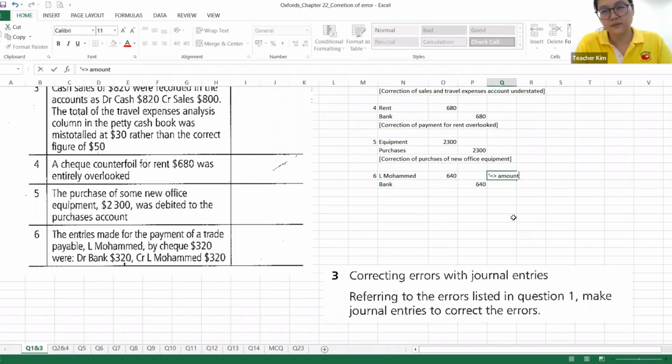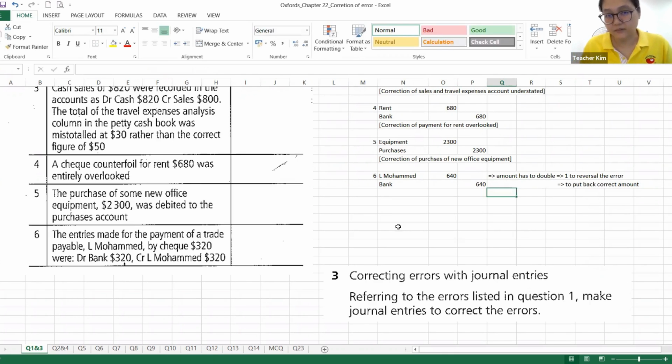The reason is one is to reverse the error, and the second amount is to put back the correct amount. So that's why it's doubled up.